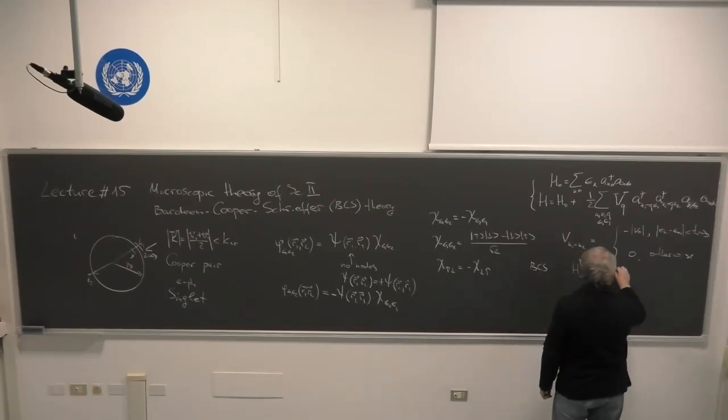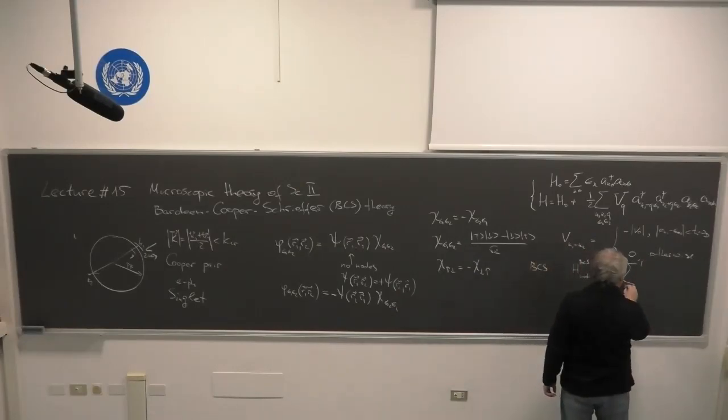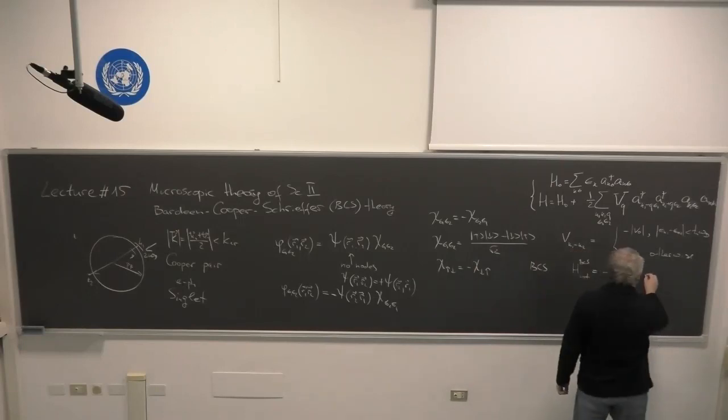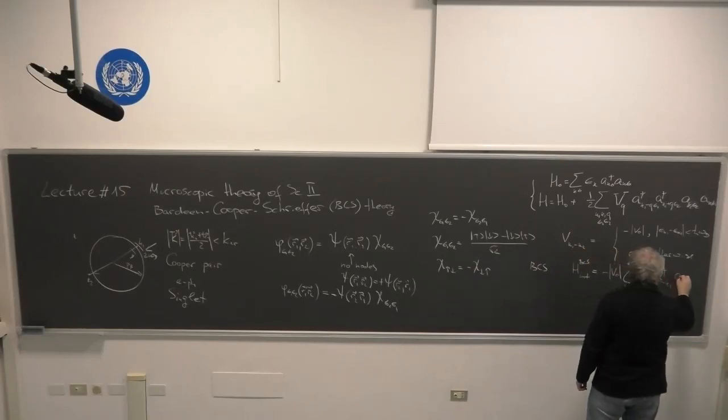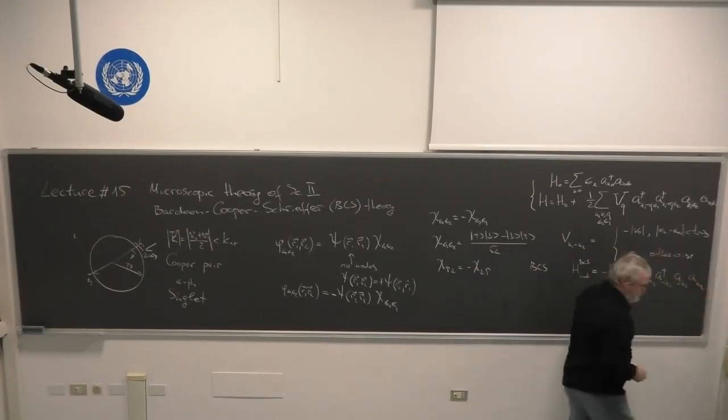So this is minus modulus V naught. Then I take a summation, which I will denote with a prime, and I will be summing over states k1 and k2. I'm saying that I'm considering a Cooper pair.